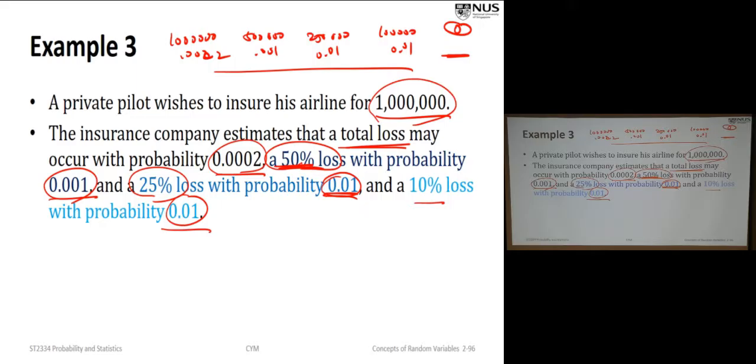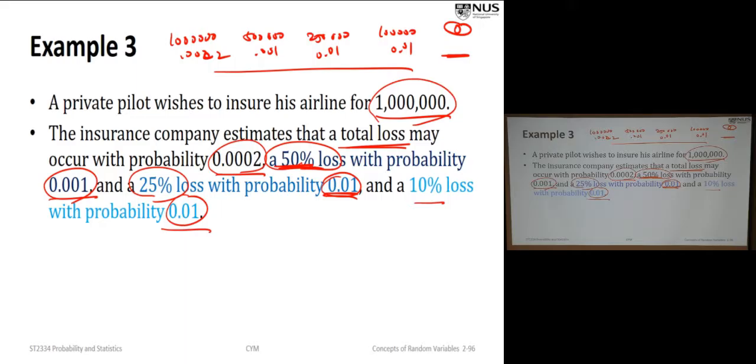How about if I consider all possible values from 0 to 1 million? That becomes a continuous random variable. Then I may need a functional form to define how likely it is that I will lose that amount of money. Let me repeat it again. Here, I use discrete, so I only take certain values. That's why this 0 comes up.